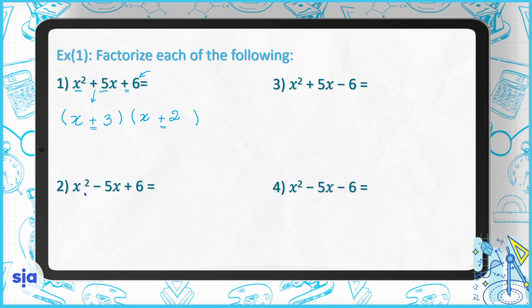Let's go to question number 2. Is there an HCF? No, there is no HCF. So here are the two brackets. X squared, it's x times x. After that, the first sign, we put it down as it is. Negative that you wrote here, multiplied by what in the other bracket to give you positive? Negative times negative. Then, the two signs that you wrote, are they the same or different? They are the same.